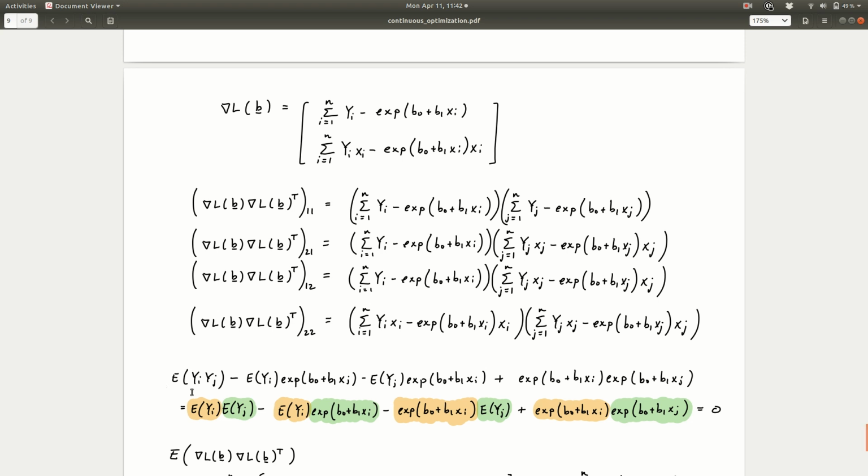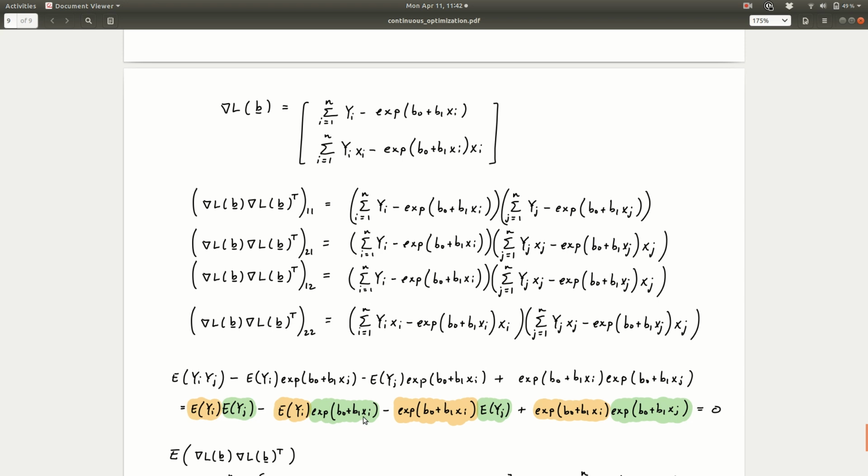And if i is not equal to j, then we can split apart the expected value of the product because of the independence assumption. We know that the expected value of yi is this quantity, the mean, and the expected value of yj is this quantity here.